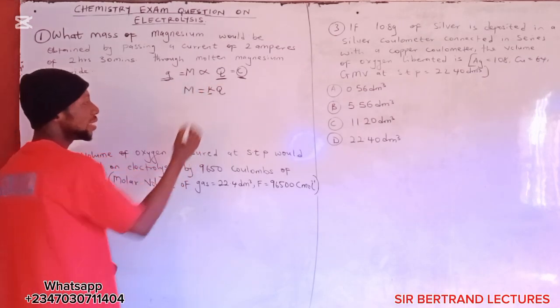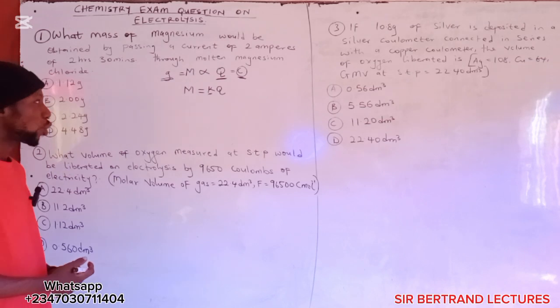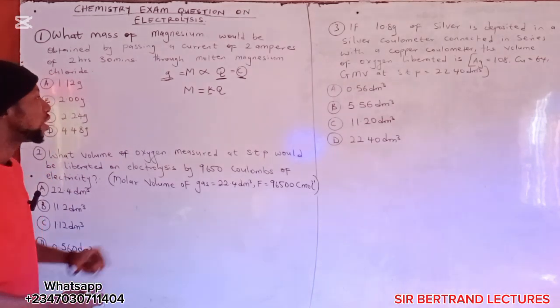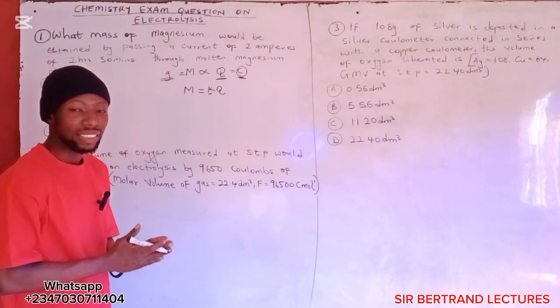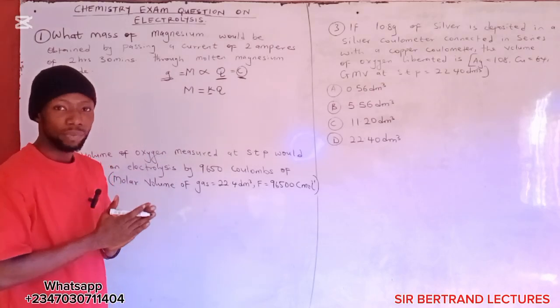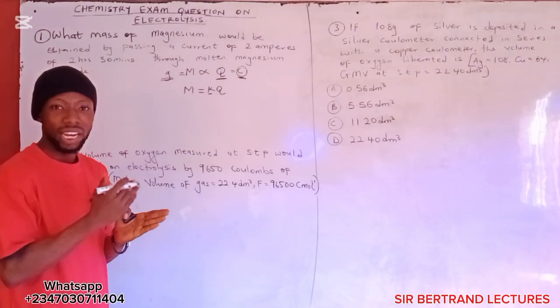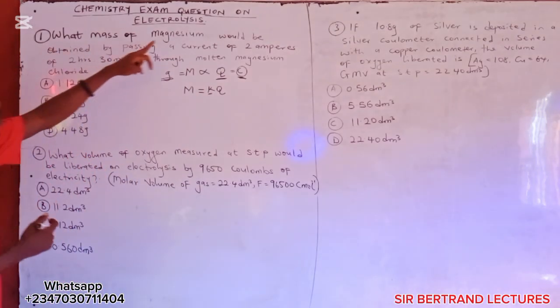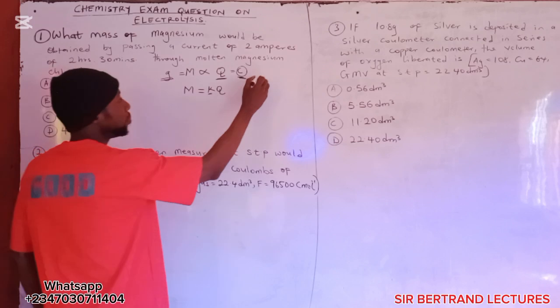I told you in the last video that K represents the constant of proportionality, which is used to represent the charge in the electrochemical series. Here, what we have is magnesium.